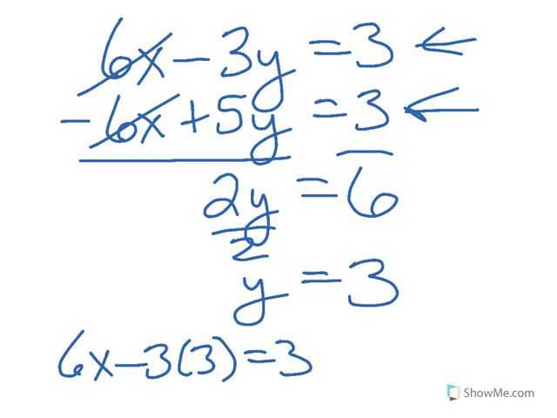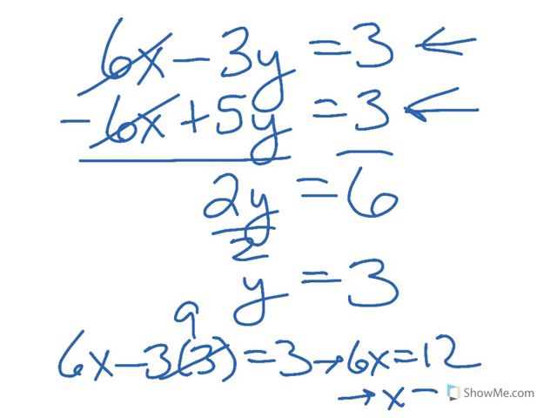Well, 3 times 3 is 9, so I have 6x minus 9. Add 9 to both sides, and we have 6x equals 12. Divide both sides by 6, and we have x equals 2. So, our solution is (2, 3).